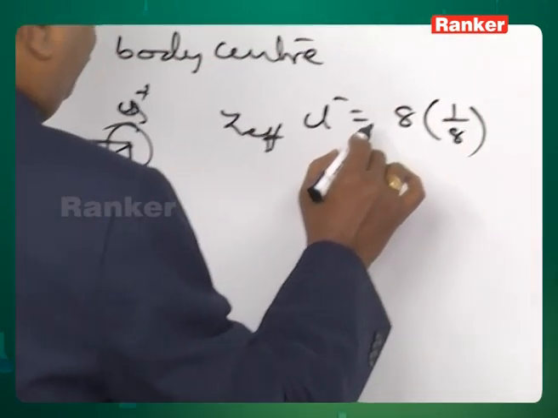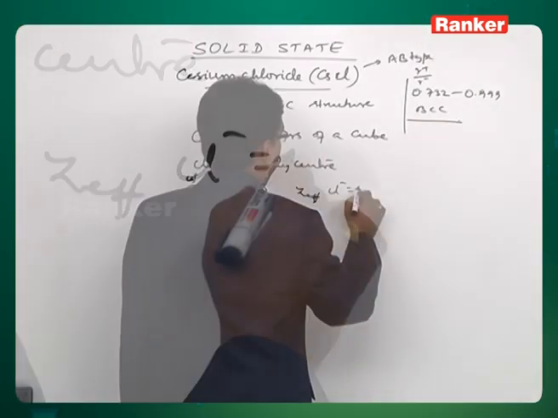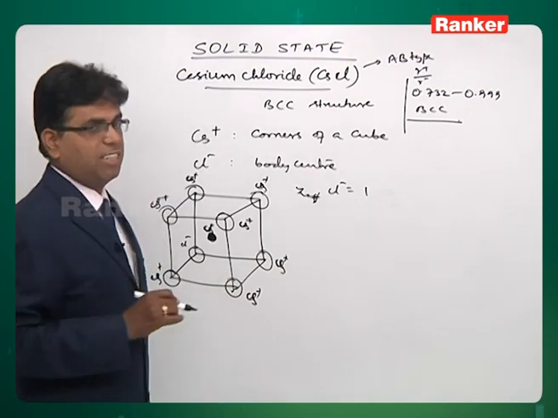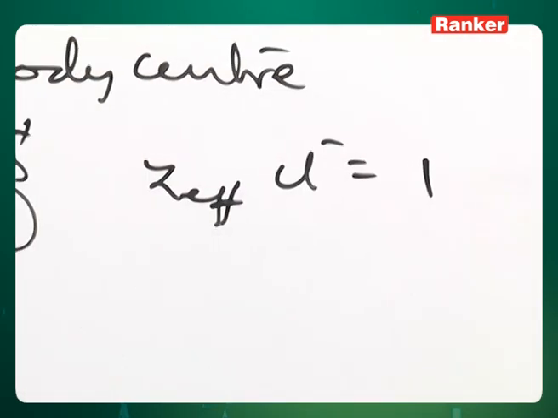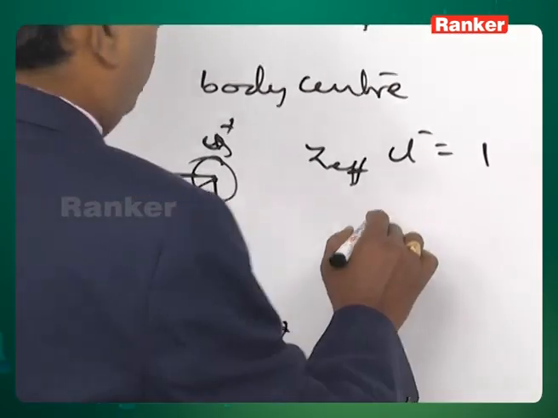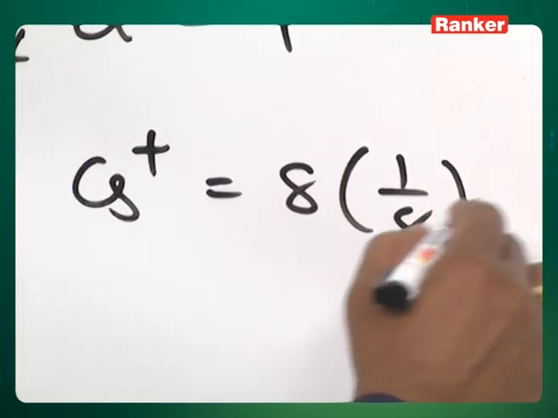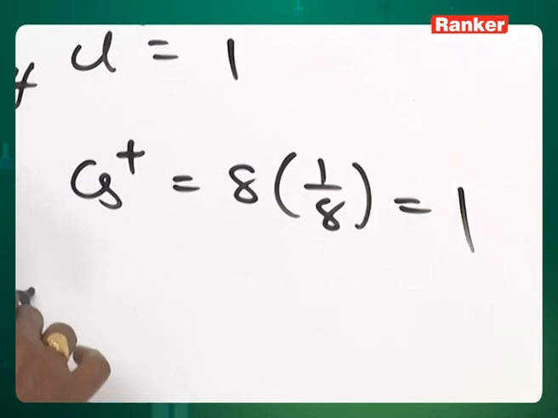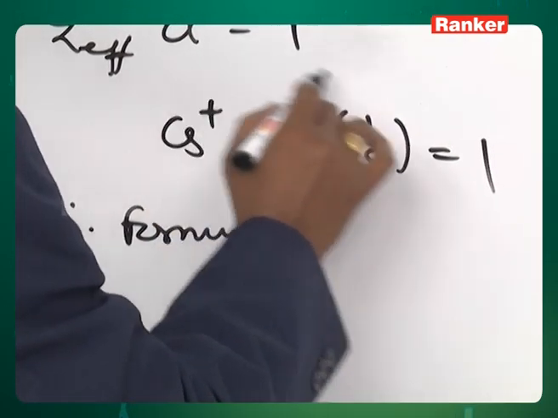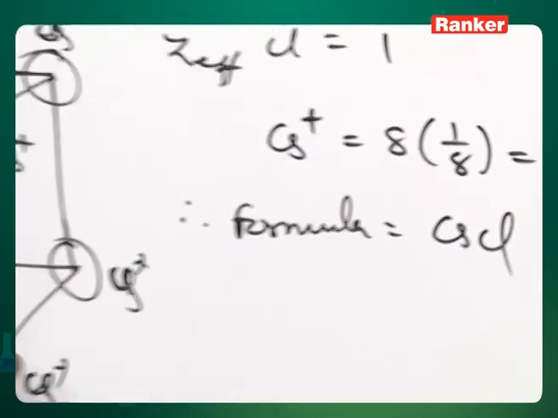Z effective for chloride ions is, as it is completely inside the cube, at the body center, it completely belongs to that particular unit cell. So, Z effective for chloride is 1, for cesium it is 8 into 1 by 8, that is also equal to 1. Therefore, the formula is cesium chloride, and here these are in contact.